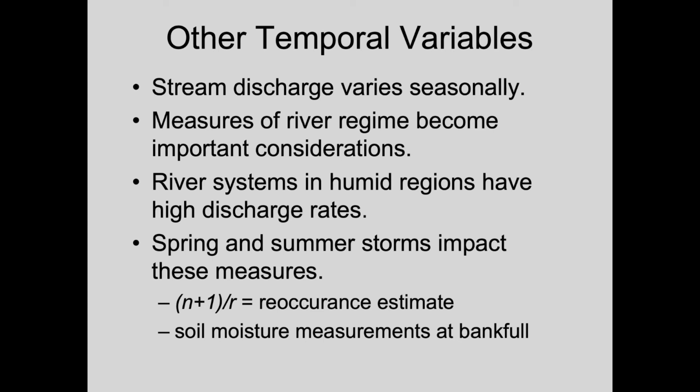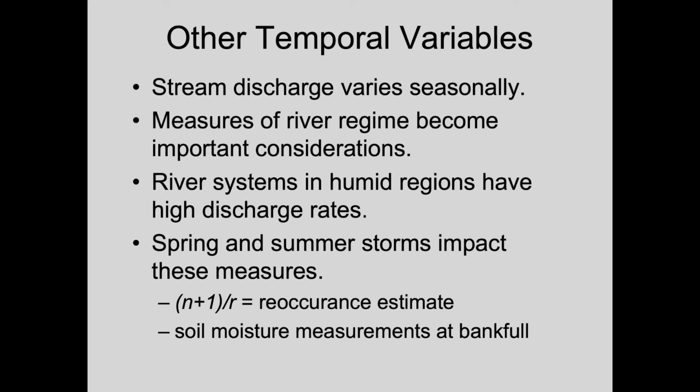In the case of stream discharge, time is assigned to seasonal variations in patterns of precipitation and, of course, atmospheric temperature. These provide, again, the basis of our modern climate models, chiefly the Köppen climate system. The measure of what is referred to as river regime is assigned to this temporal variable.